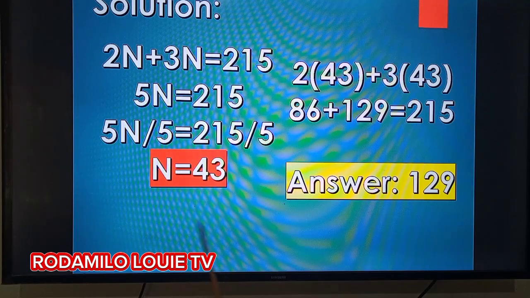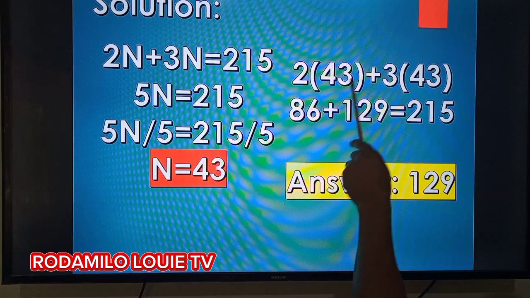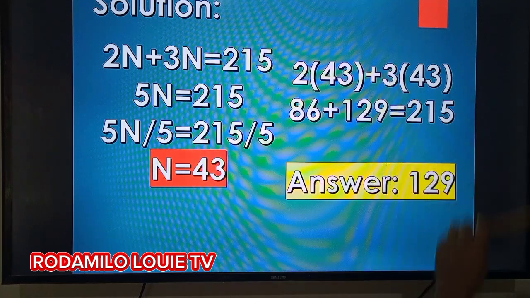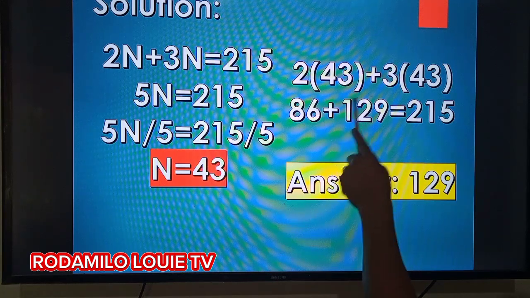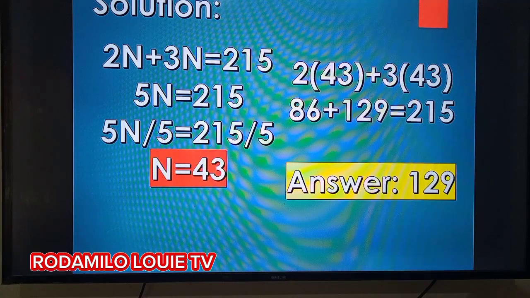So we have the value of n. Substitute the value of n: 2 times 43 plus 3 times 43. So 2 times 43 is 86 plus 3 times 43 is 129, which is equal to 215.